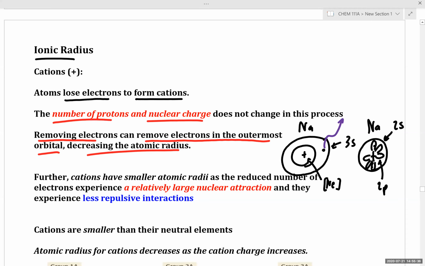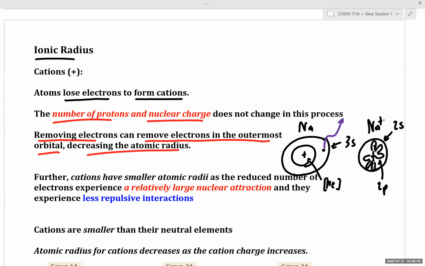In effect, by removing our outermost electron, our atomic radius has decreased because we no longer have electrons in our outermost orbital, which is very large.